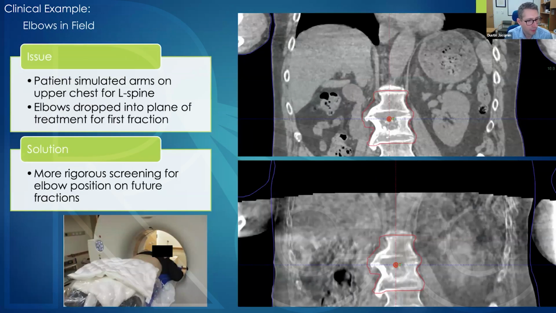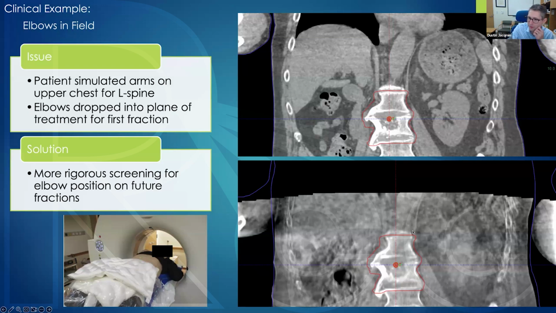Here's a clinical example of an issue that happened in my clinic. We had a patient simulated arms up for an upper chest treatment for L-spine. You can see the L-spine target here, and the patient's arms are on their upper chest, positioned pretty high with the elbows almost straight out at the side.